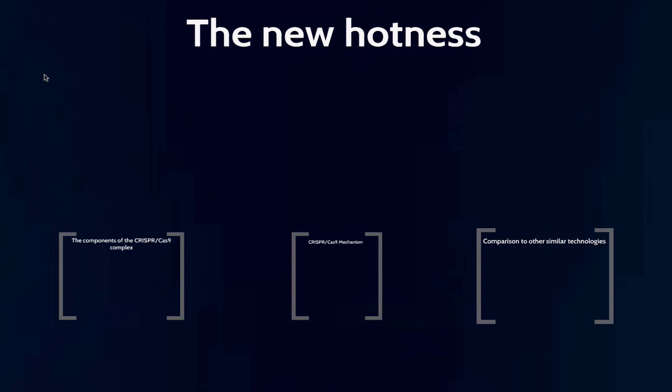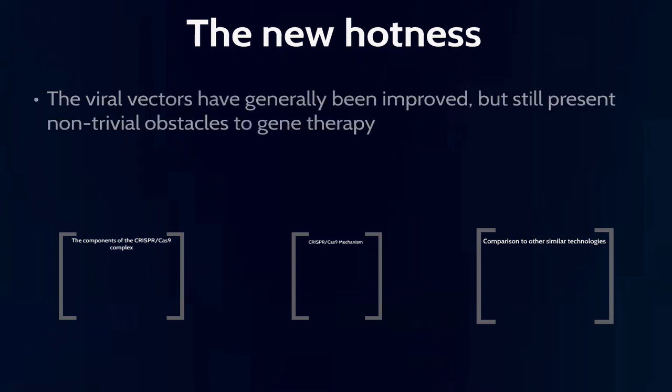So we didn't have any tools that helped us target particular genes or particular regions of the genome with extreme precision. Okay, so the good news in terms of what the status of gene therapy is these days is, first of all, that the viral vectors have generally been improved, although they do still present quite a non-trivial obstacle to gene therapy.